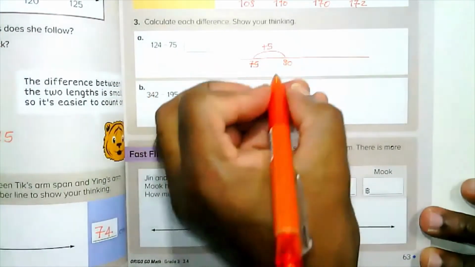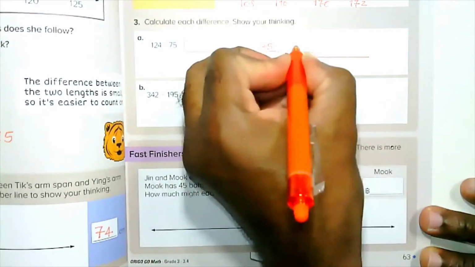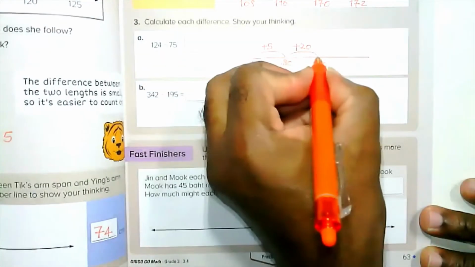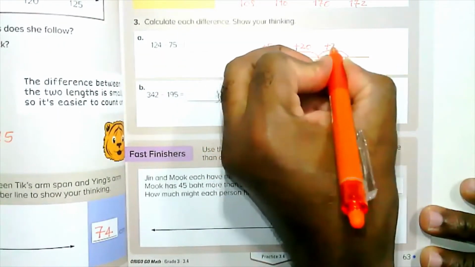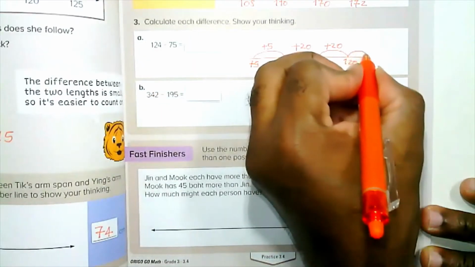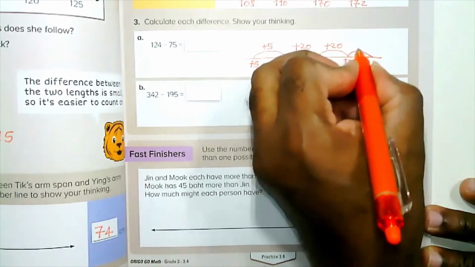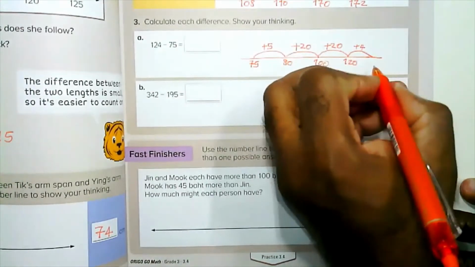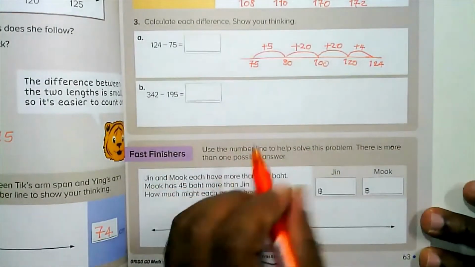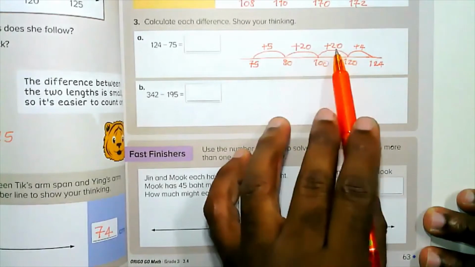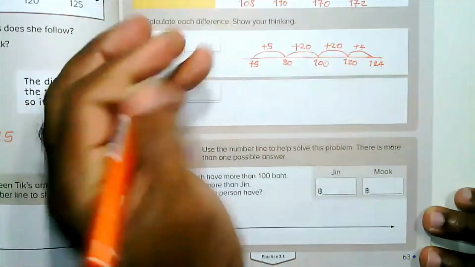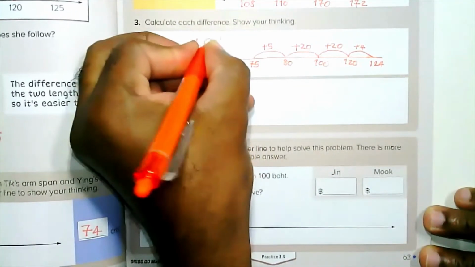Then make it up to 100, plus 20 is 100. 124, so we have another 20, will be 120, then plus 4 will be 124. So now let's add up these numbers. 20 plus 20 is 40, plus 5, 45, plus 4, 49. So the answer is 49.